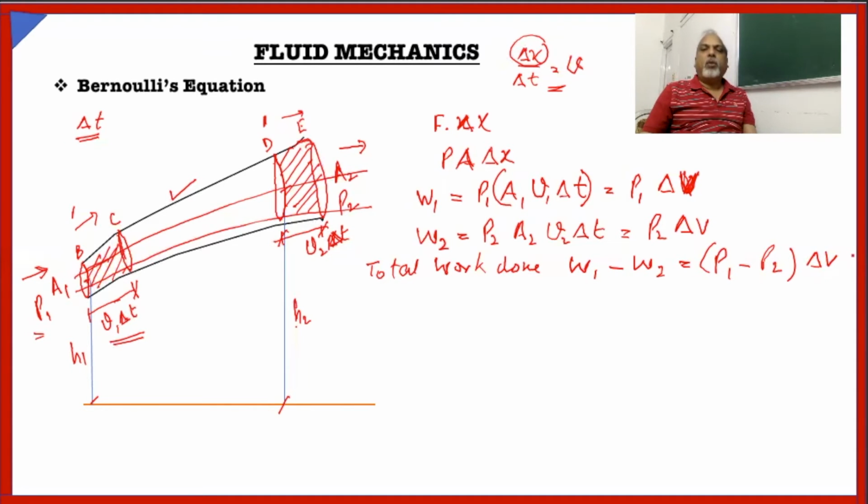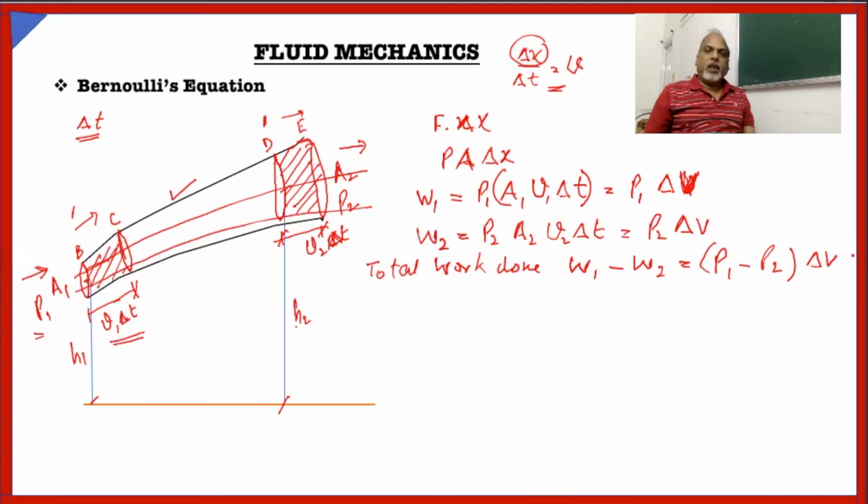Because W1 is a positive work done, and whereas W2 is the negative work done, because at the farther end, at the output side, the system is doing the work. It is getting the liquid outside. You don't have to do any work. But of course, at the B end, at the initial end, you have to do some work. And basically, this work is being done by the surrounding fluid.